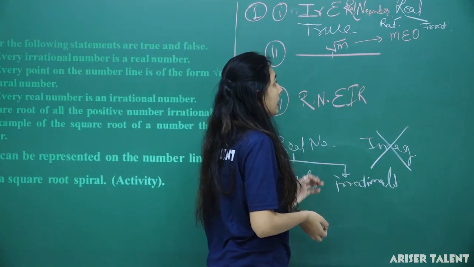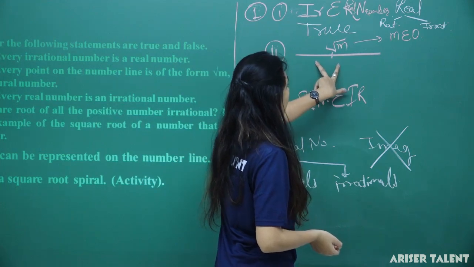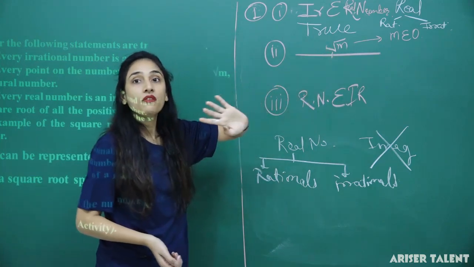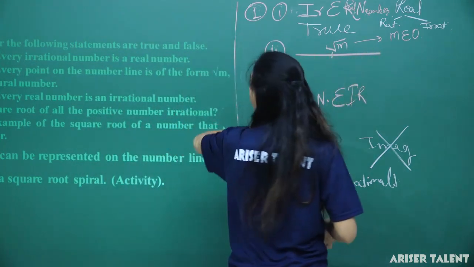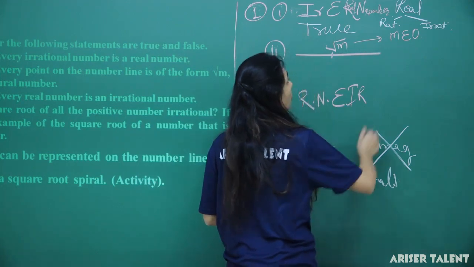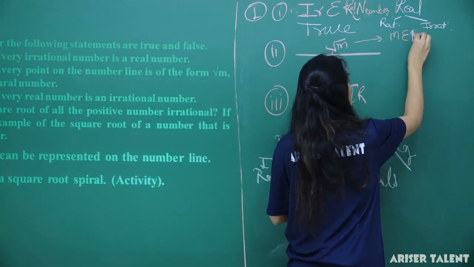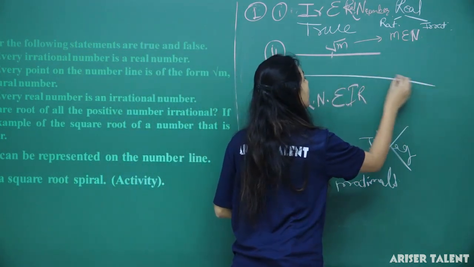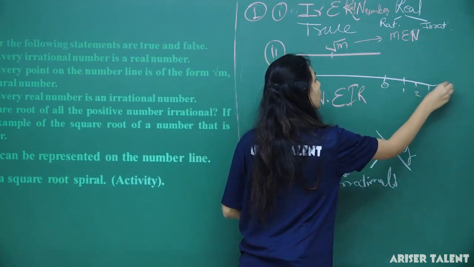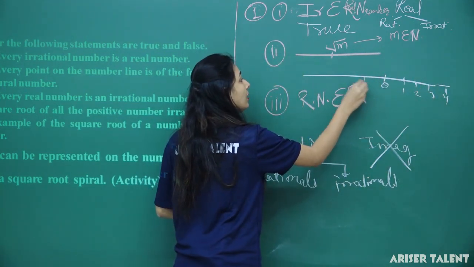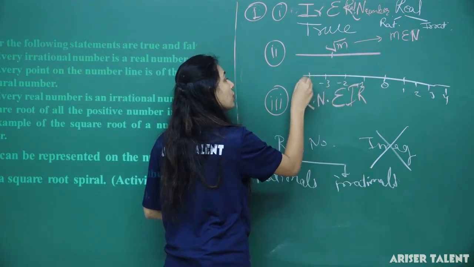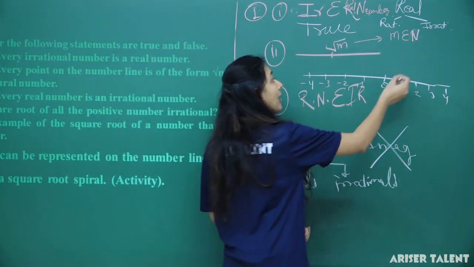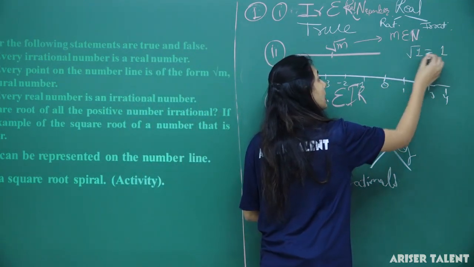Now the next statement tells us that each and every point on the number line is root m, when m belongs to the natural numbers. On the number line we have 0, 1, 2, 3, 4, and also -1, -2, -3, -4. If I talk about root m: root 1 has value 1.